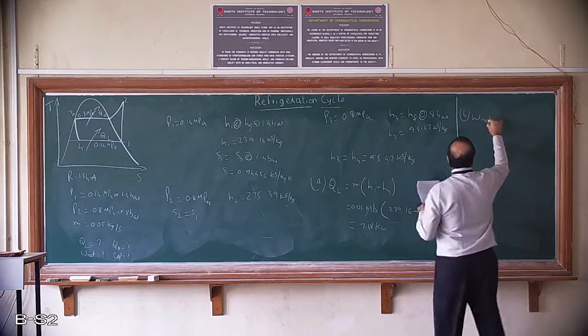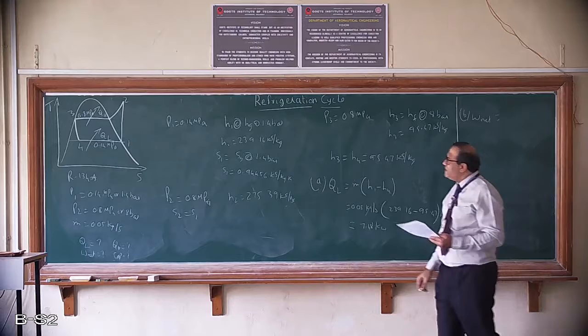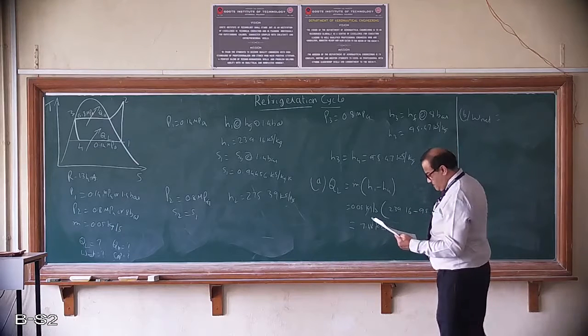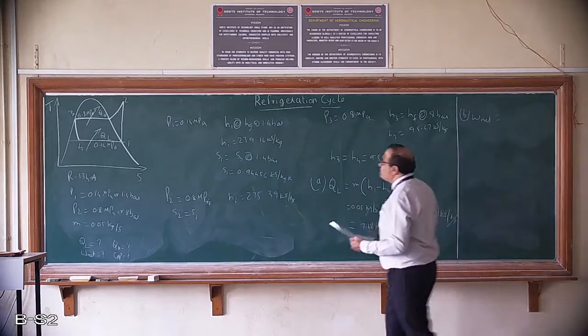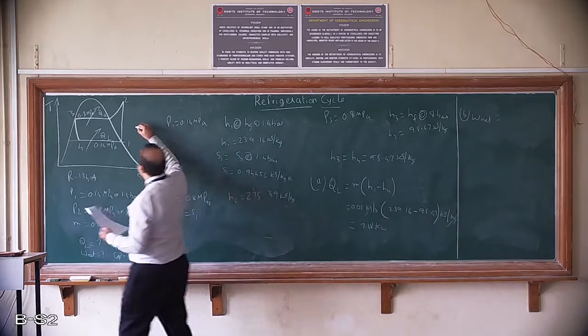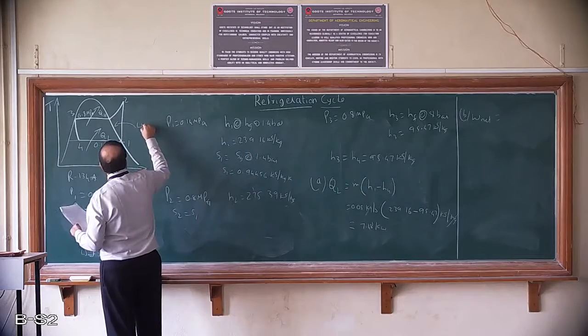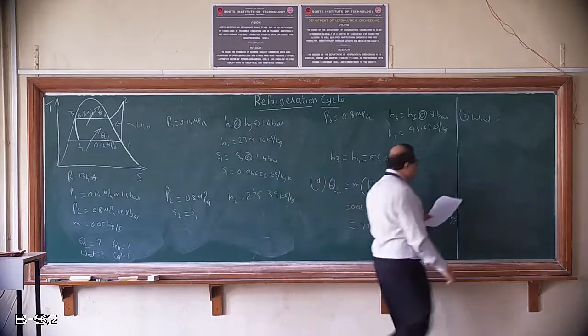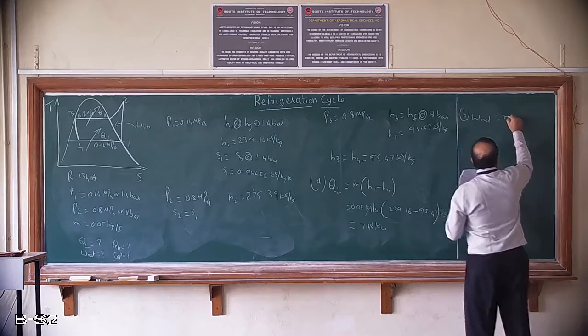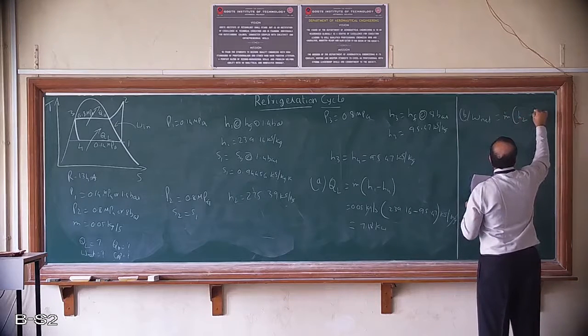The second part we need to calculate is W net. W net is m dot into H2 minus H1. So this is W in, isn't it? So W in is m dot into H2 minus H1.